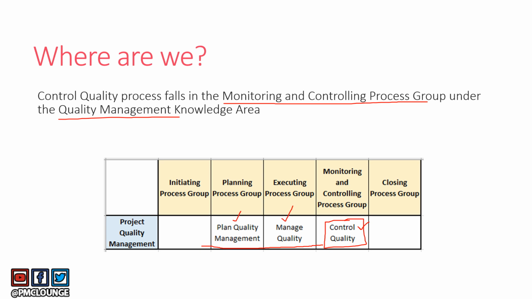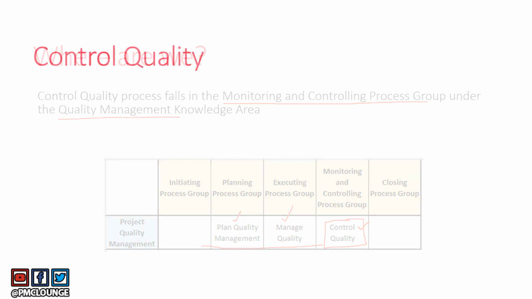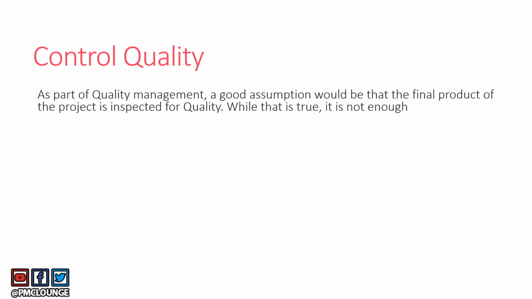Let's move on and discuss control of quality further. Now, as part of quality management, what would your raw wisdom be, right? A good assumption would be that the final product of the project is inspected for quality, right? That is something that you may understand from this term control quality.